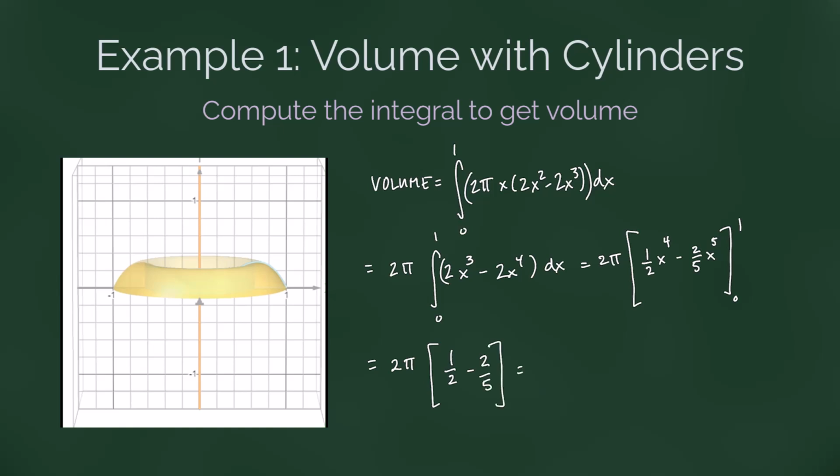Plugging in 0 generates 0. So we simplify this to 2 pi times 5/10 minus 4/10. And we see that we get 2 pi over 10, which simplifies to pi over 5 cubic units for the area of this solid.